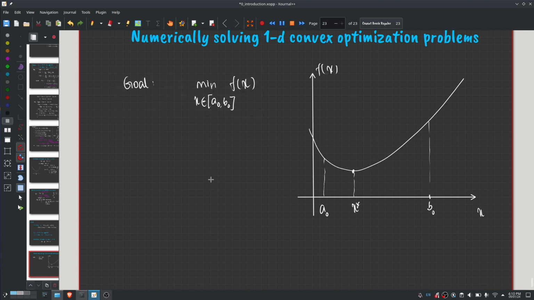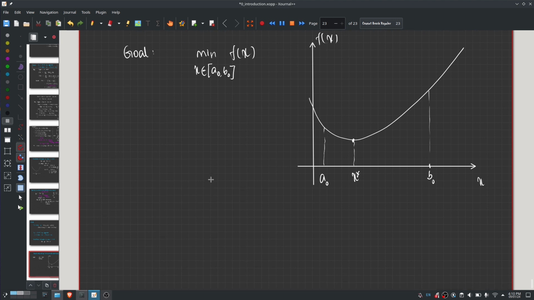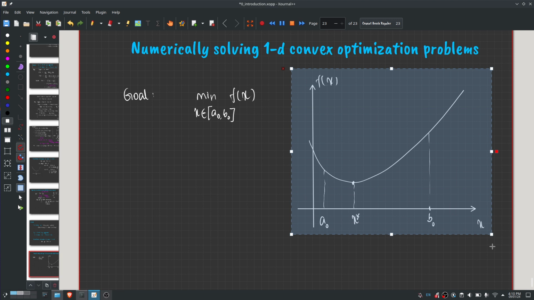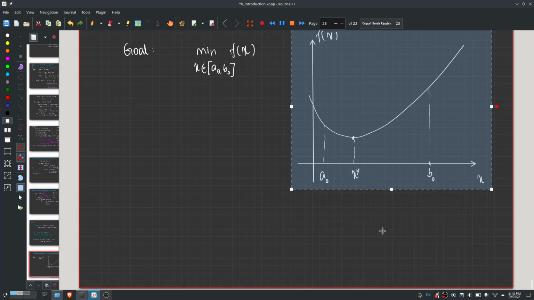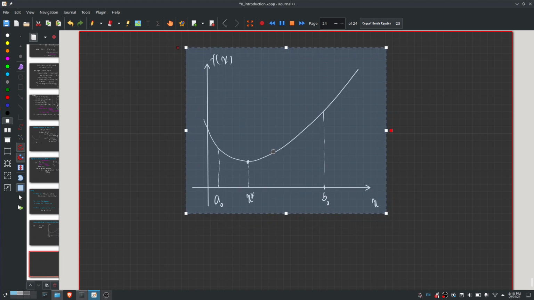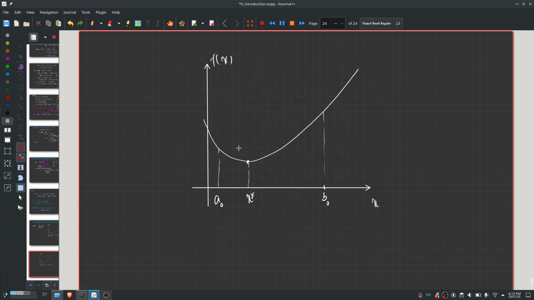So the first algorithm that we'll see is what is called the golden section search. Right. So let's try to see what the geometric intuition for this algorithm is. Okay. So let me take this particular function. So I have my initial points A0 and B0.